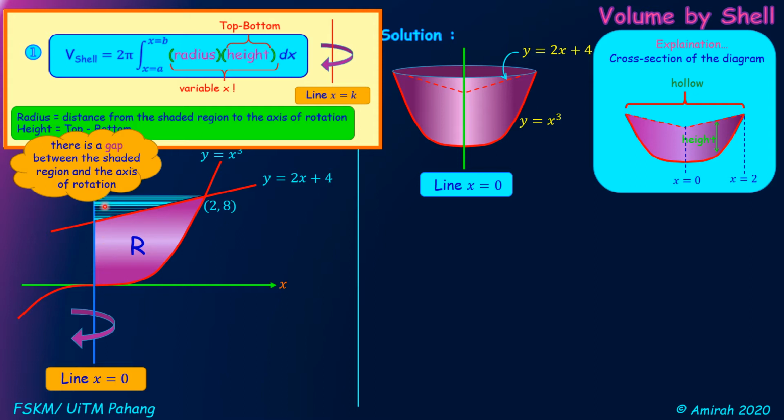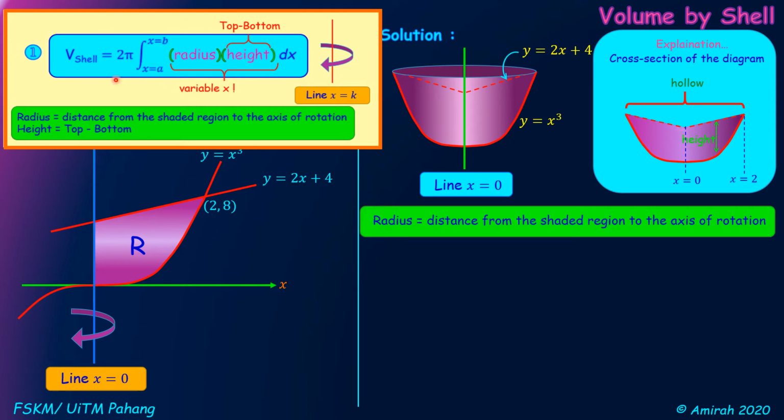We have a gap here, so after rotation, the diagram will have a hollow like this. This is from outside. Using the cross-section diagram, we can see the hollow here.